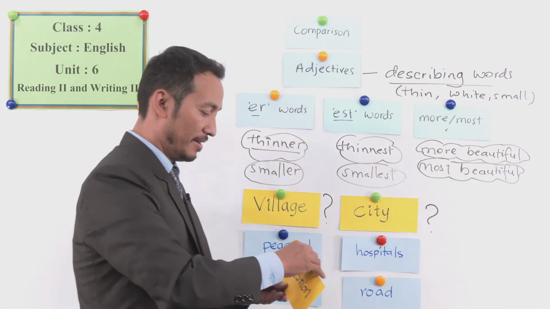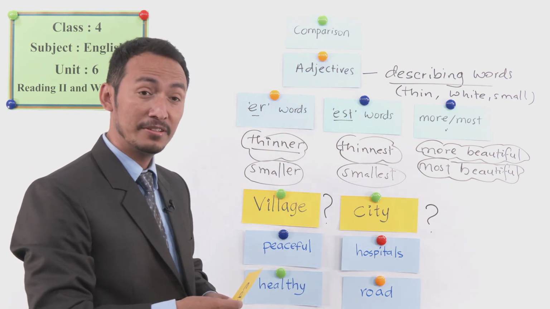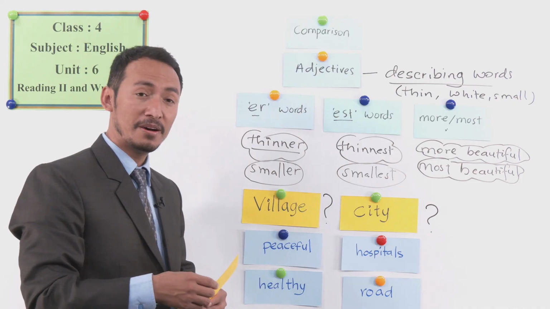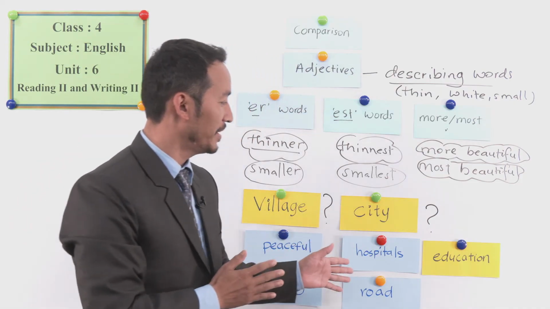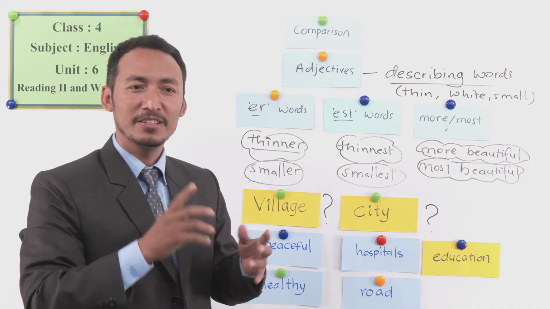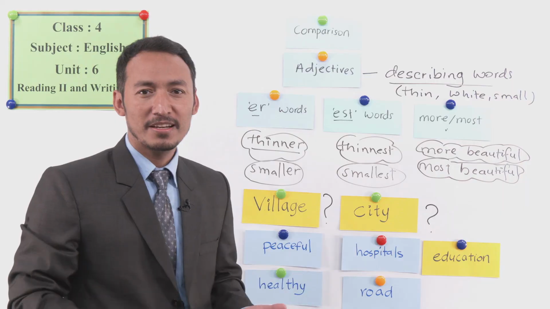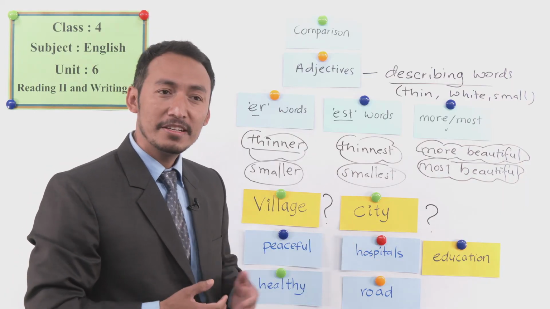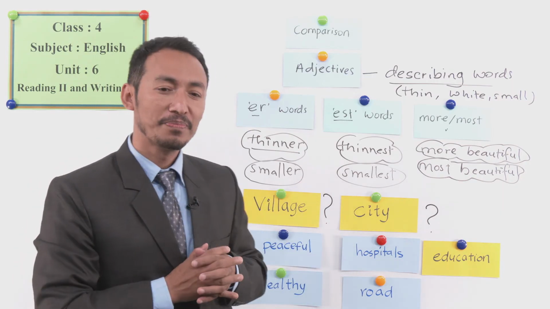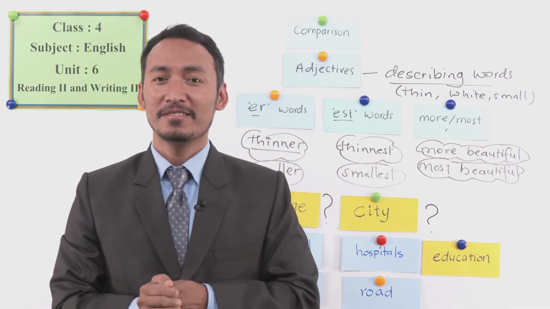Education means schools, colleges, books, and all the facilities about education. So it can be better in city areas because we have good teachers in cities, good schools in cities, and books are available in city. So this one is one good point while living in city, right, students?